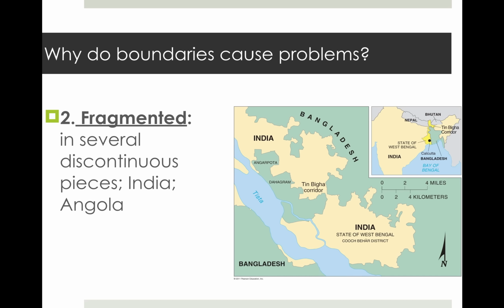You'll see the zoomed out map, the larger map, and the zoomed in map. You can see that there is some territory that Bangladesh claims, whereas there's other territory that the Indian state claims. So India itself is actually a fragmented state.